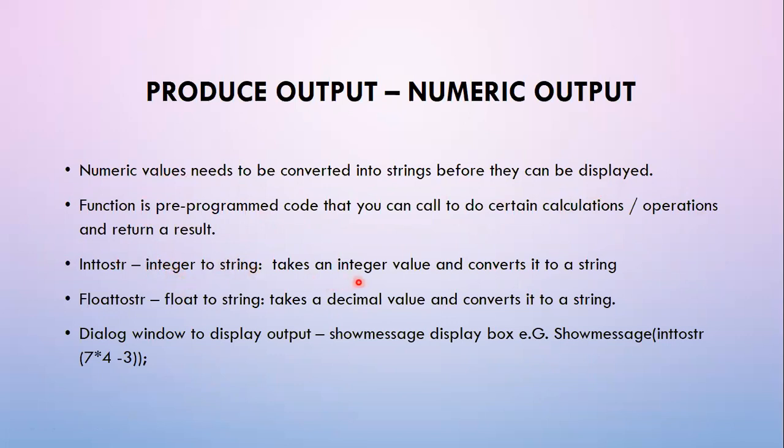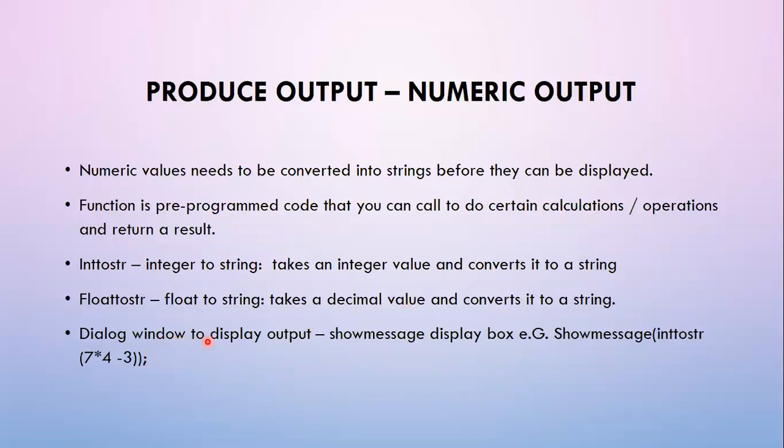It takes my integer value, the one that I did the calculation with, and converts it so that I can display it as a string. Then we have FloatToStr. This takes a decimal value and converts it to a string.